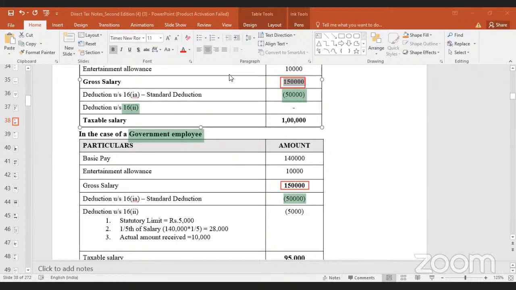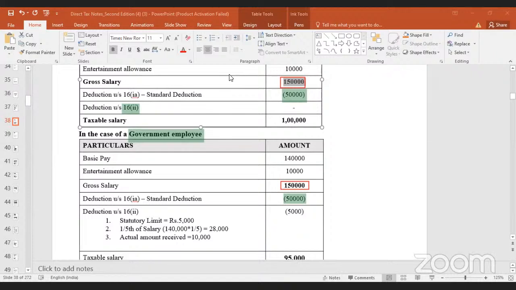Next, 1/5 of the salary. What is the salary figure? Basic pay figure, 1,40,000 into 1/5, that's 28,000. And 10,000.